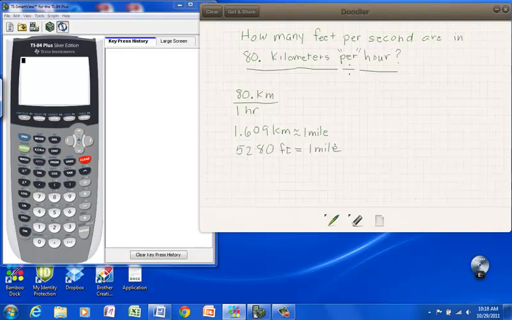All right, that's good, but I also have to get from hours to seconds. So at the bottom of the page on the left is the time conversions. There are 60 seconds in 1 minute. And there are 60 minutes in 1 hour.